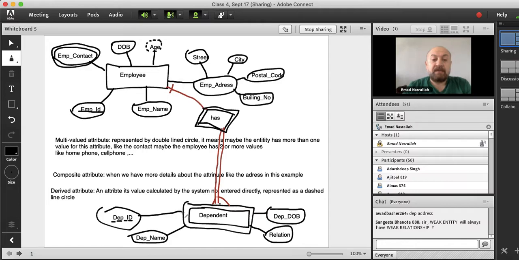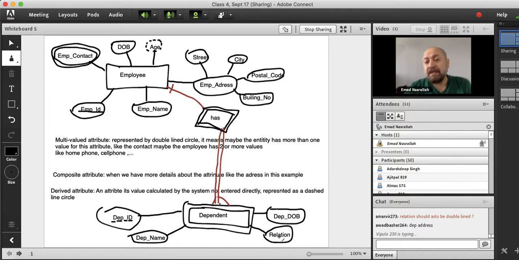Okay, let me look at questions. Relation should also be double-lined. This relation. You know what I mean by relation? It's the relation to the employee. Like when we put the dependent here, we have to put the relation like wife, son, daughter, father.